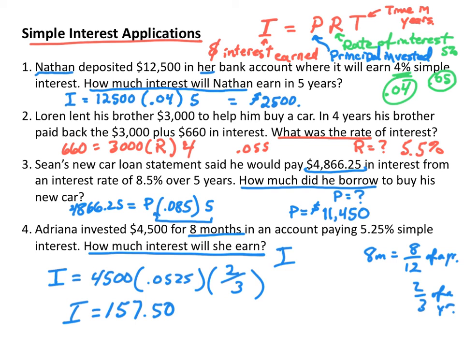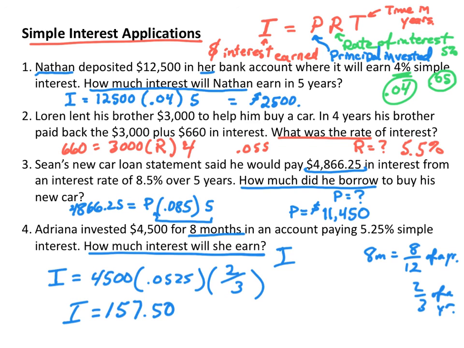Now, if you actually did this calculation with 0.667, let's say, then it would not be exactly what we were looking for. Even though we're rounding it off to the nearest thousandths, now it's $157.58. That's incorrect. So try to use exact answers whenever possible, and it's almost always possible.